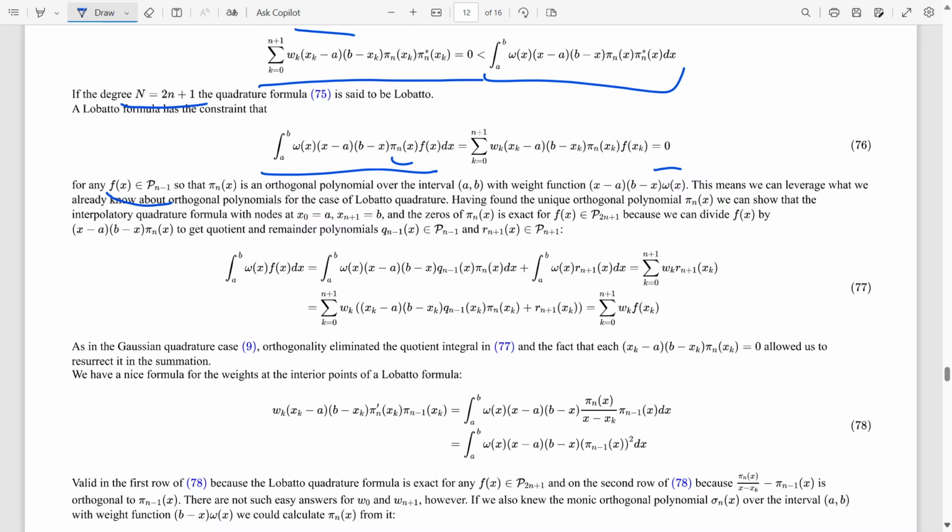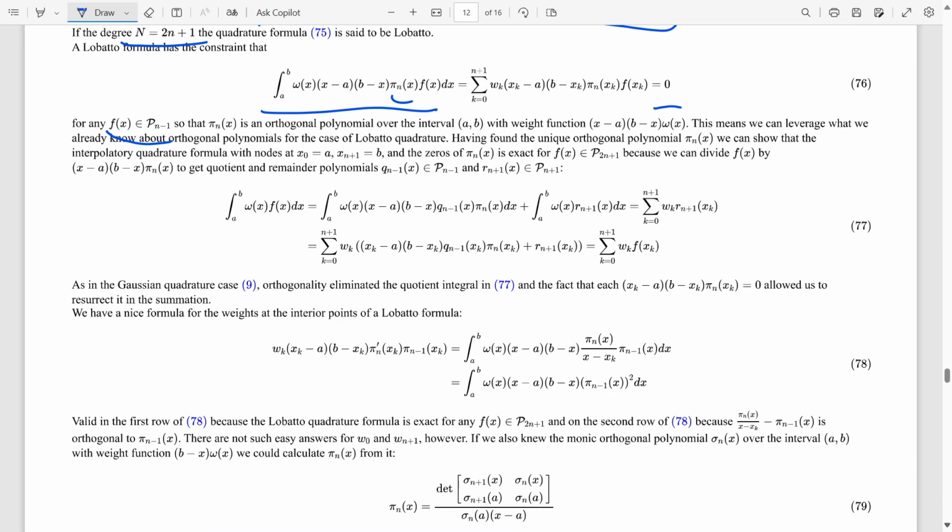We can show that the interpolatory quadrature formula with nodes at x naught equals a and xn plus 1 is b, and the zeros of pi n of x is exact for f of x, any polynomial of degree at most 2n plus 1. So I'm going to divide f of x by x minus a, b minus x pi n of x to get a quotient and a remainder polynomial.